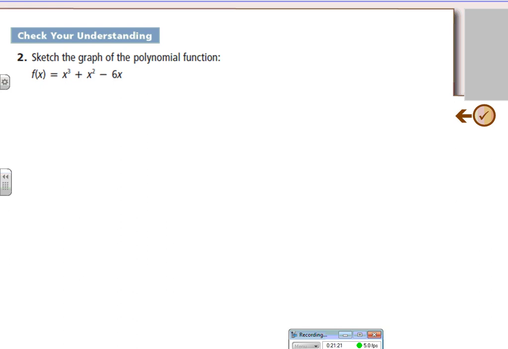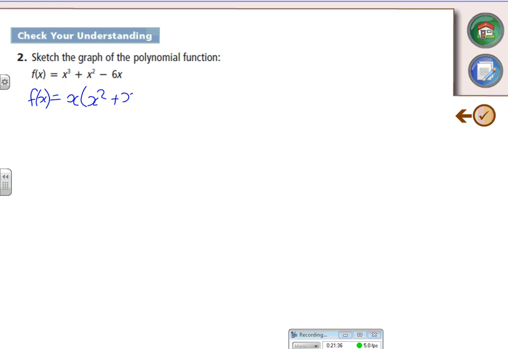So let's start by factoring. The first thing, this is a nice easy one to factor. We can factor out a GCF. First step, factoring GCF. So f at x equals x bracket x squared plus x minus 6. Then we're using our sum product factoring, and it factors into x plus 3 and x minus 2.